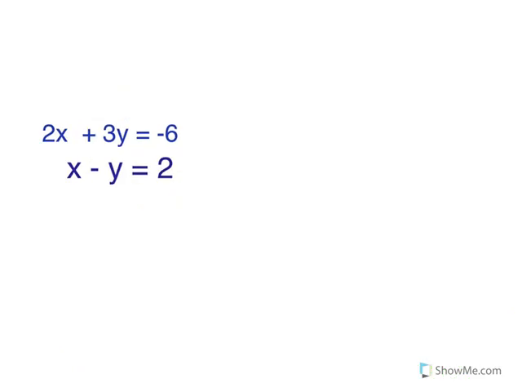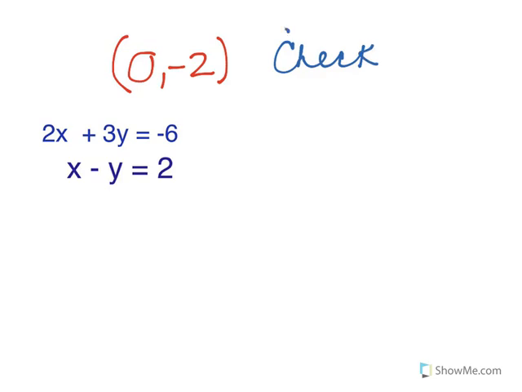Okay, if we wanted to check our answer to make sure that the coordinate that we found, 0, negative 2, was correct for the system, we would plug this coordinate in. x would be 0 and y would be negative 2.